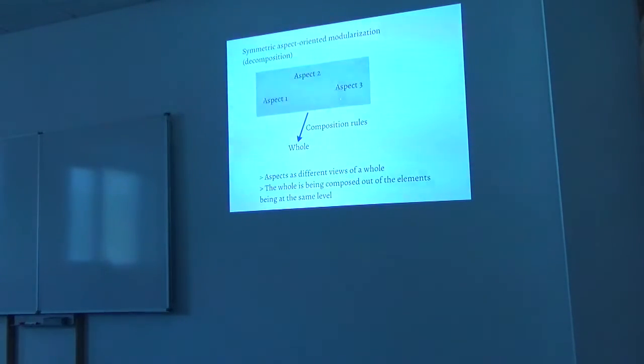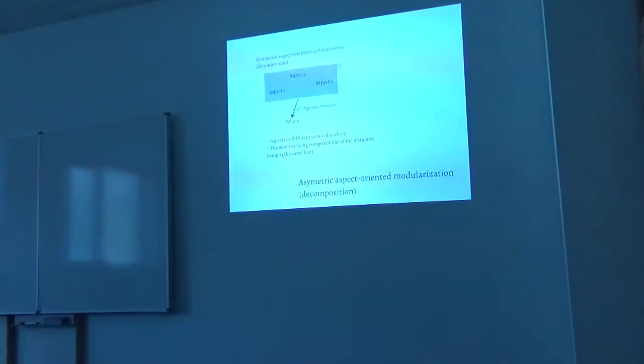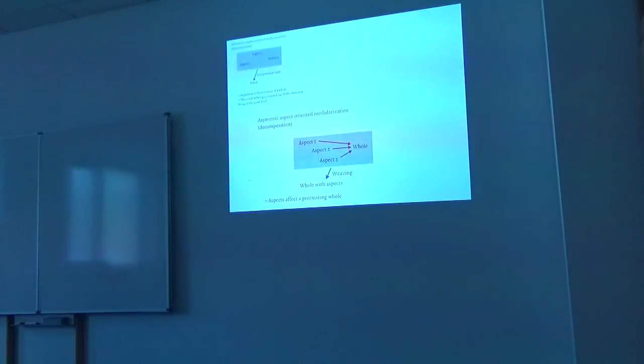Here, the composition is symmetric because you're composing equally important things into a consistent whole, as compared to this weaving together, as it's called, of different aspects that affect a whole, which is actually the basic whole.